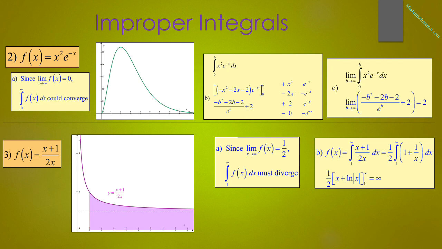And this turns out to be 1/2 times x plus natural log of x evaluated from 1 to infinity, which is infinity. Notice that we are now skipping the clunky notation with limit as b approaches infinity and just using the improper integral with infinity in it.